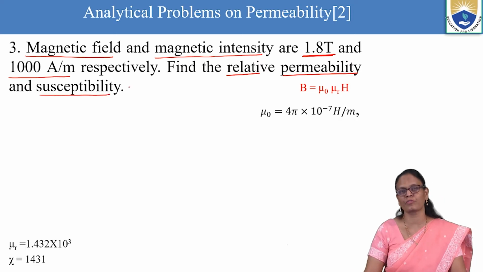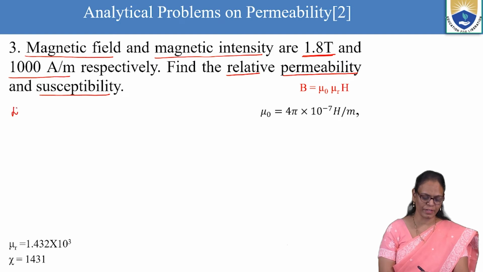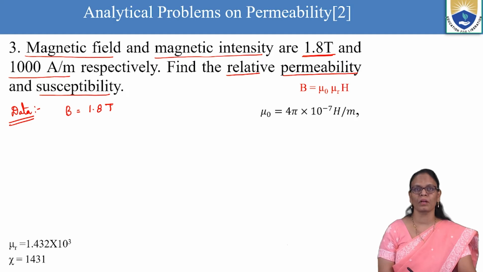Both we have to find, mu r and chi. So we'll write the data first. B is equal to 1.8 Tesla and the magnetic intensity H is equal to 1000 ampere per meter. We have to find mu r. Also we have to find chi.